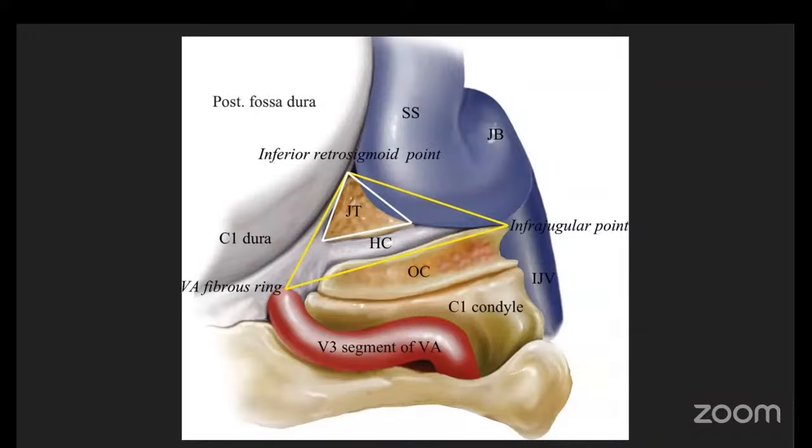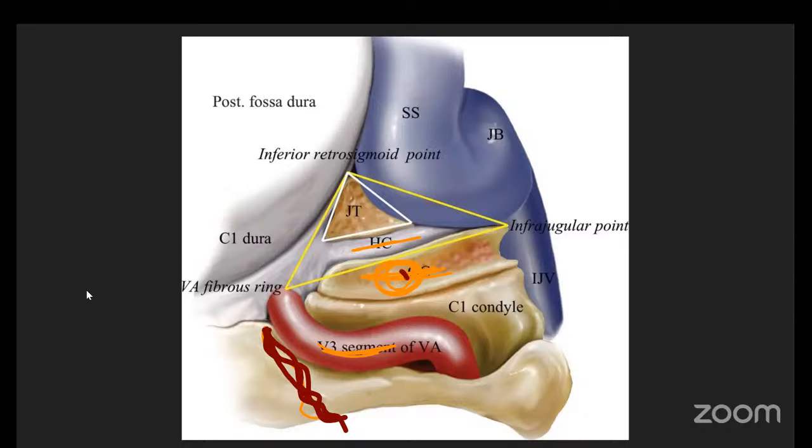So this is the vertebral artery, this is the occipital condyle, and this is the hypoglossal nerve here. When we are drilling here, we have mobilized the artery downwards already, as we discussed. So the vertebral artery is lying below. Imagine that it's not here in this picture. The vertebral artery is safe, far away from any harm.